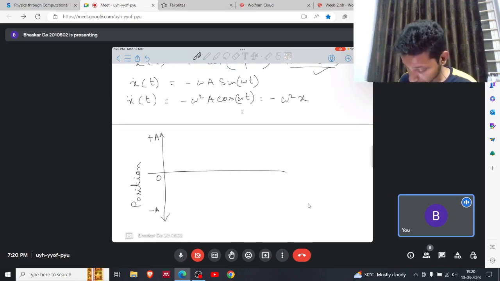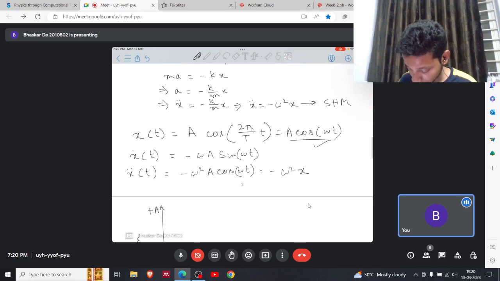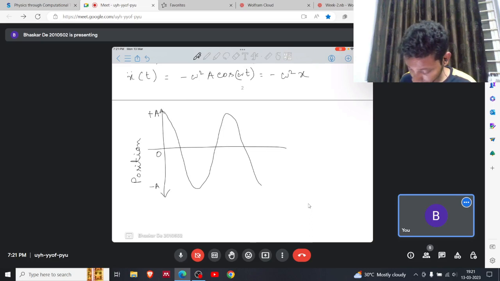Now as this is cos, this started with x equal to a, so this will be the plot for the displacement of the mass. Here this is T by 2, this is T, again this is 3 by 2 T.